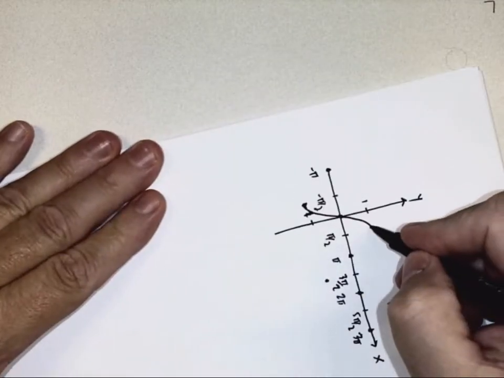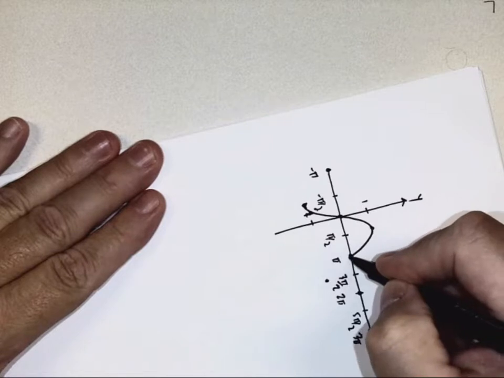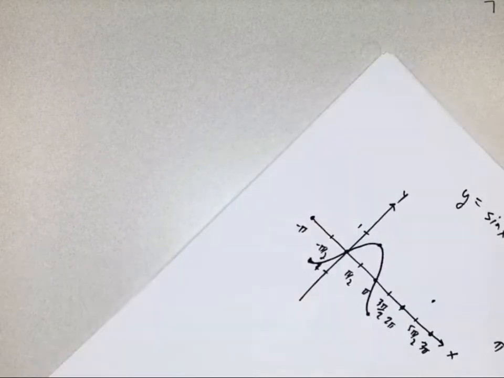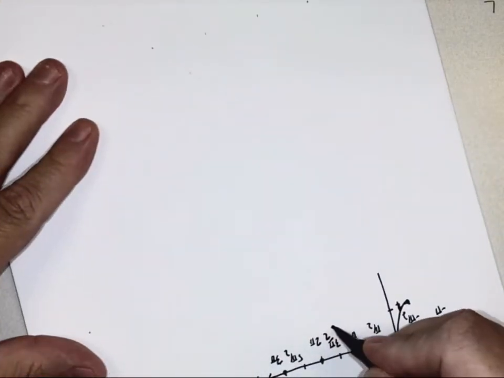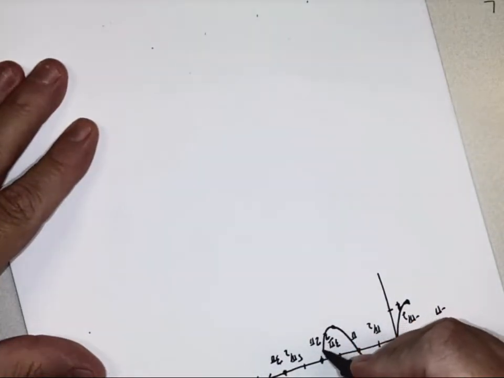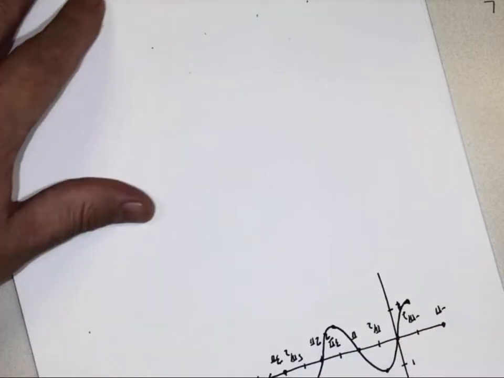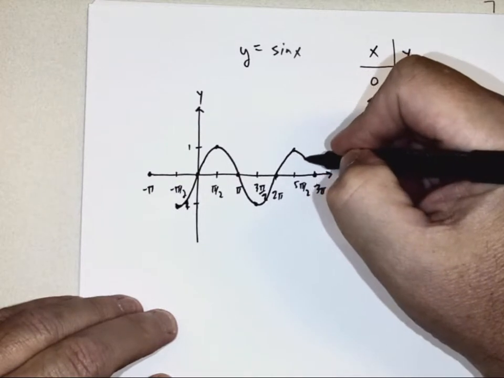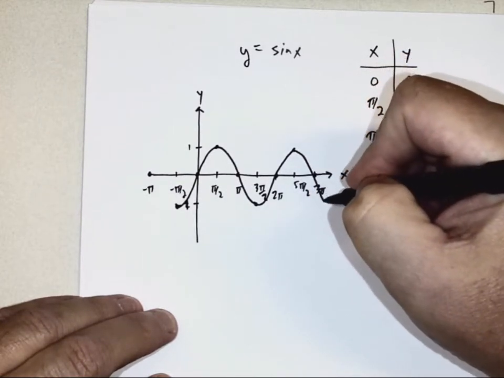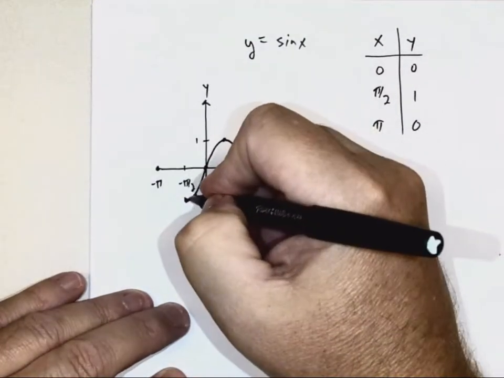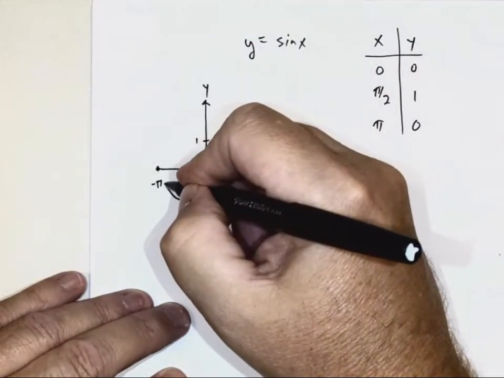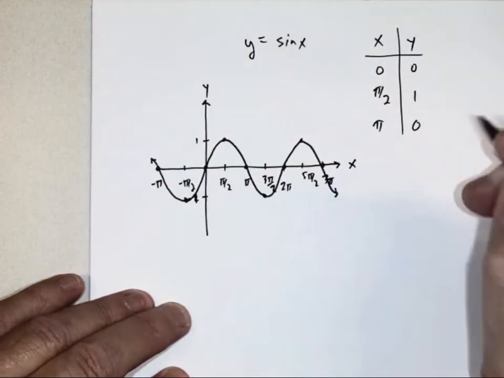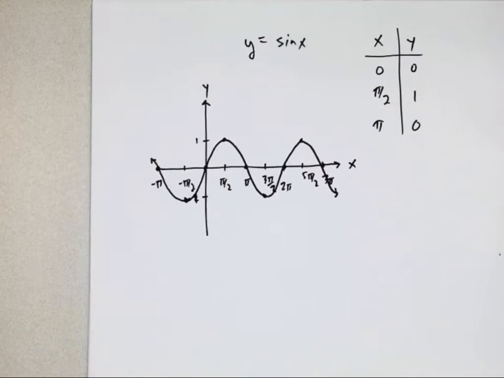Probably something like this. I'm going to really turn this around to try and make this look decent. So here's the kind of graph.